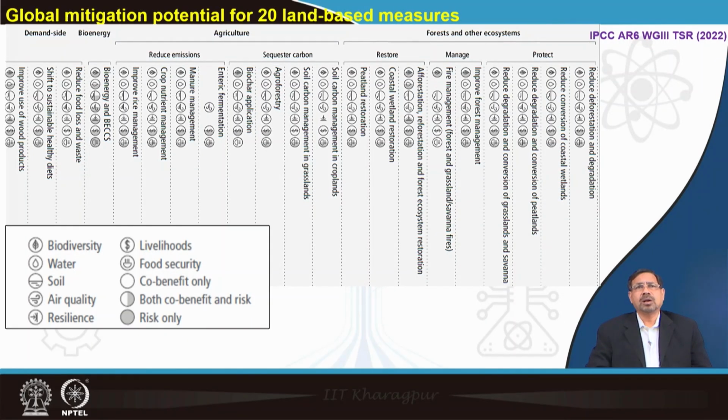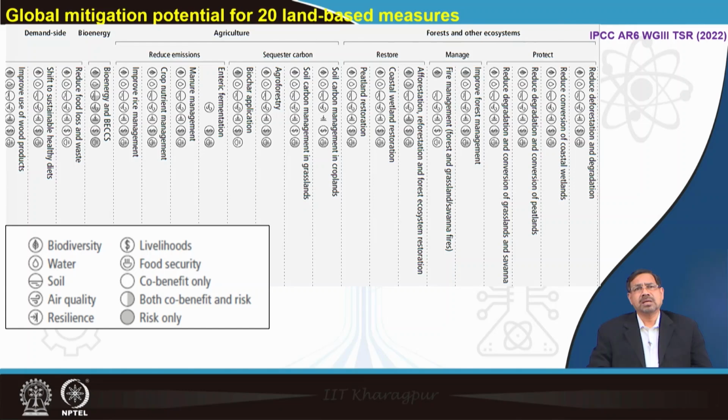Coming to the global mitigation potential for 20 land based measures, it is mentioned here as far as agriculture and forest are concerned, and they have been mentioned. Coming to the demand side, here you have the shift to sustainable healthy diets. And let us see with respect to the agriculture sector as far as emission reduction and carbon sequestration are concerned.